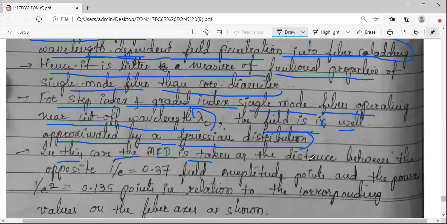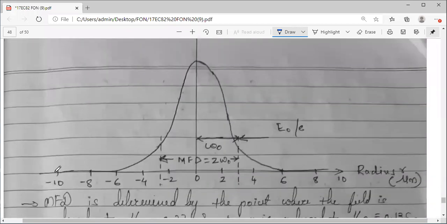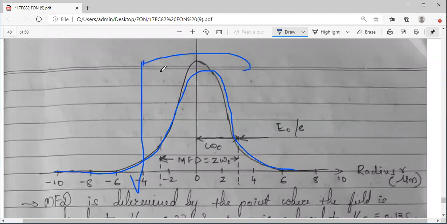In this case, MFD is taken as the distance between the opposite 1 by E, that is 0.377 of the field amplitude points. This is your Gaussian distribution. The same field I had drawn. You can imagine this is your core part, this is your center of the core, and surrounding this you have a cladding.